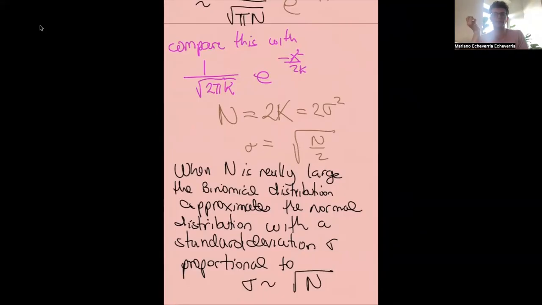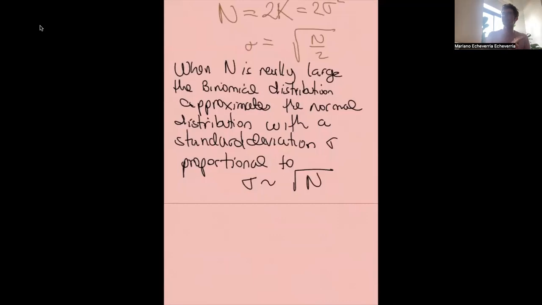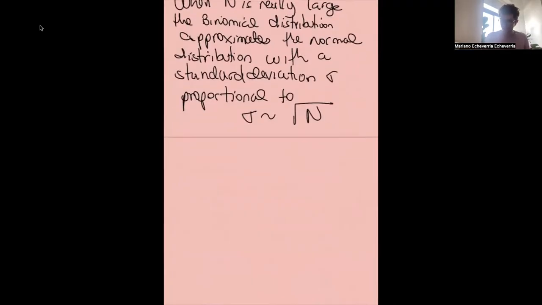So let me tell you why that's important, and this will show you why working with large numbers makes such a crucial difference. There's a fact that I didn't write last time about the Gaussian. For the Gaussian, you have this standard bell-shaped curve, centered at the origin, so it's perfectly symmetric about the origin.